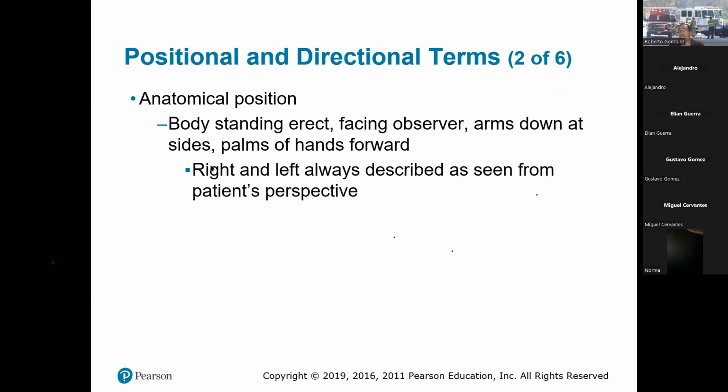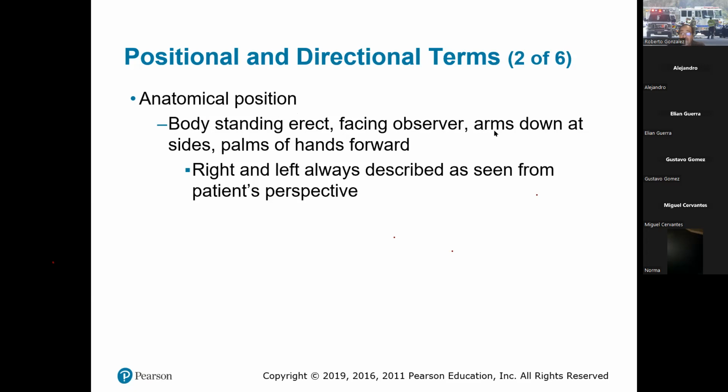Now, when you're trying to refer to somebody in the anatomical position, you have to picture them like this, so you don't confuse left from right, or up from down. The anatomical position is the body standing erect, facing the observer.